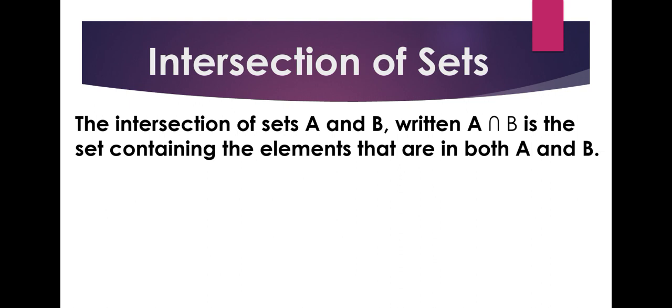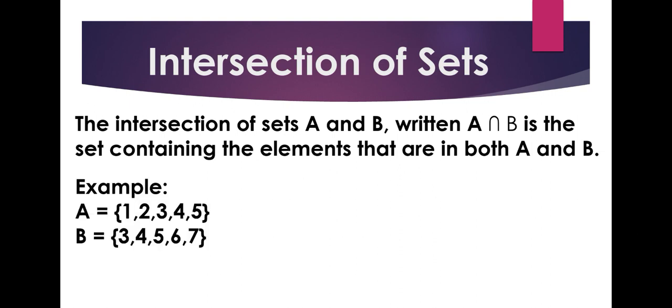Next is the intersection of sets. Pag sinabi naman nating intersection of sets, so ito yung sinasabi ko kaninang symbol na pabaliktad na letter U, ibig sabihin yan intersection. So, set containing the elements that are in both A and B. So, para mas maintindihan nyo ano yung intersection, let's have an example. For example, given natin si set A na 1, 2, 3, 4, 5. Si set B ay 3, 4, 5, 6, 7. Pag sinabi nating intersection or yung letter U na pabaliktad ang symbol, ano daw yung element na meron kay A na meron din kay set B?